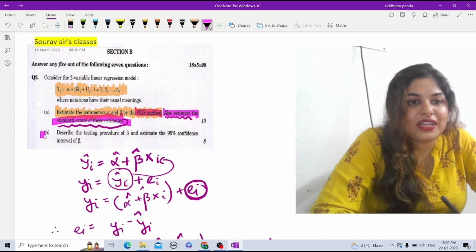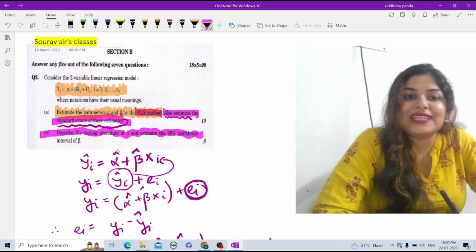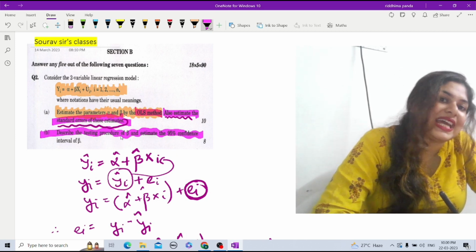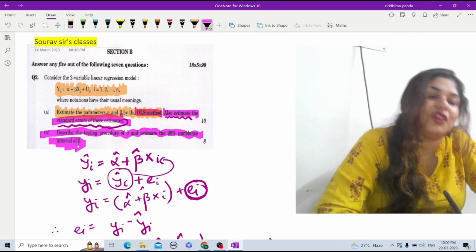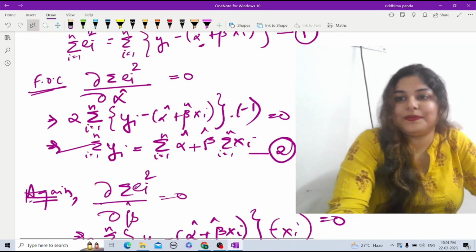Now referring to the second part of the question, here it is said to describe the testing procedure of beta and estimate the 95% confidence interval of beta. So let us quickly solve this one to end this answer, right?